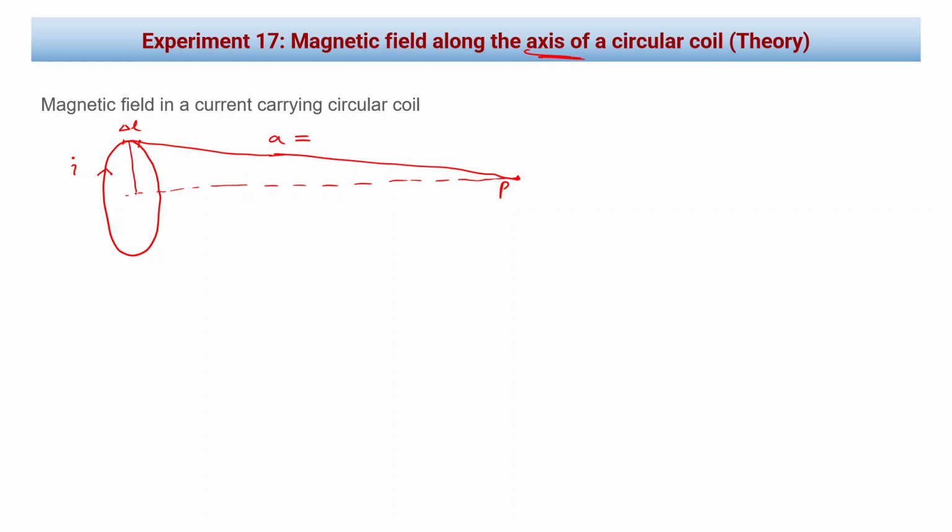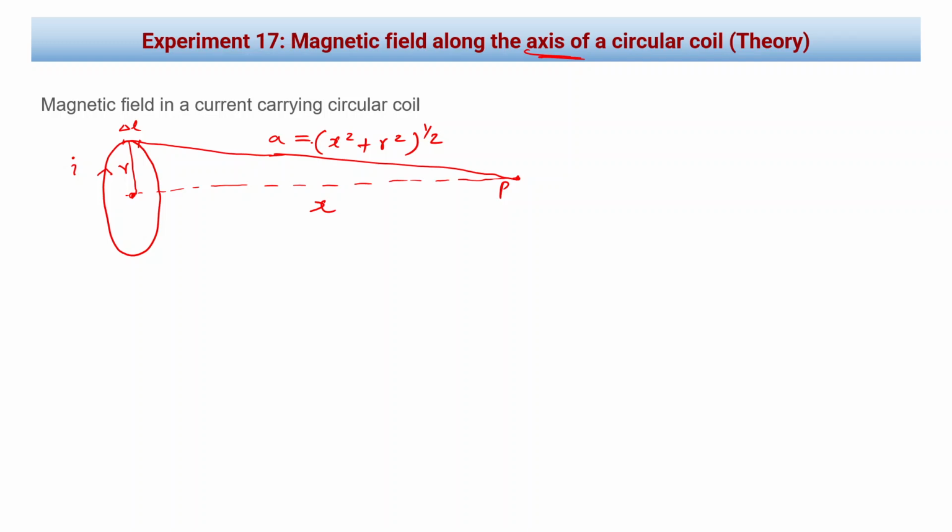If r is the radius of this loop and the perpendicular distance between the center of this current carrying conductor and this point of interest is x, then since this is a right angle triangle, this will be the square root of x squared plus r squared.